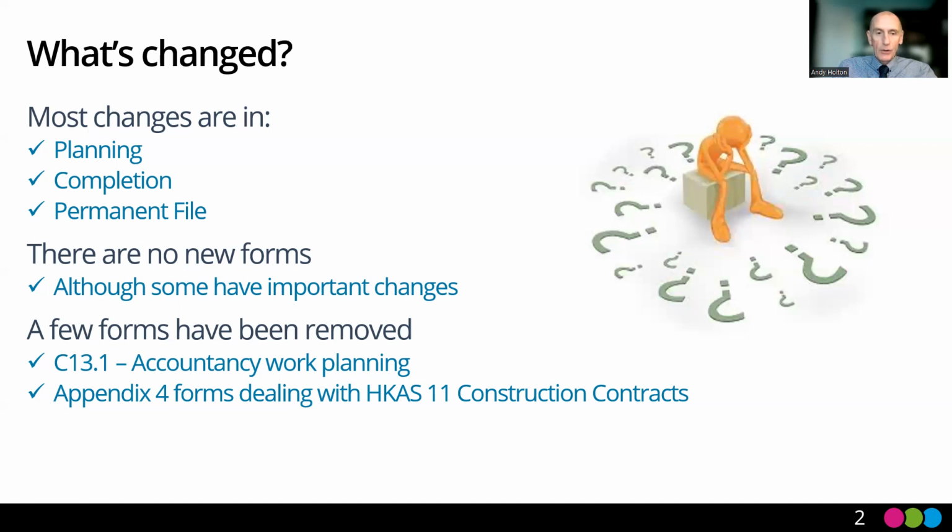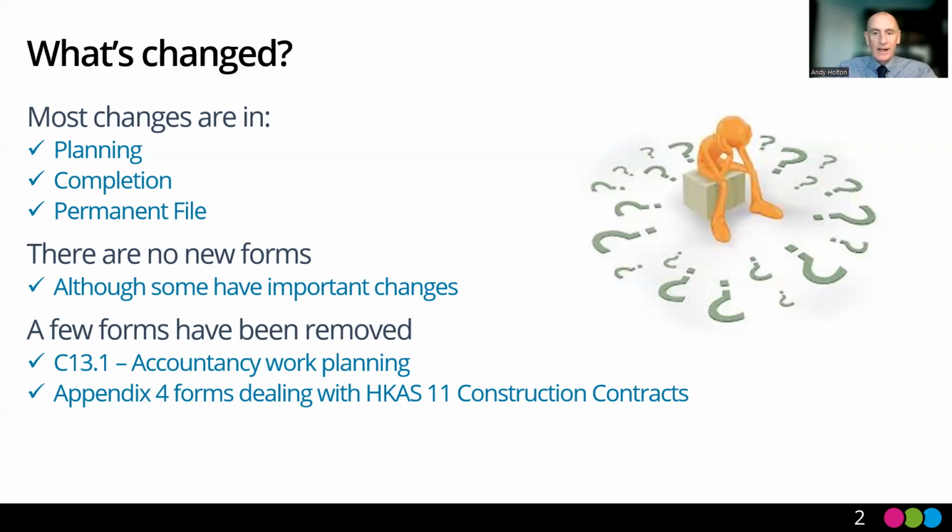But there are actually no new forms as a result of these changes. However, as we will see, there have been some quite significant changes to a couple of the risk assessment forms. Some forms have also been removed. So C13.1 dealing with accountancy work planning, and also Appendix 4 forms dealing with HKAS 11 construction contracts have been taken out because they have obviously been superseded by HKFRS 15.